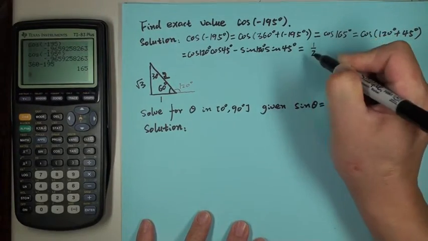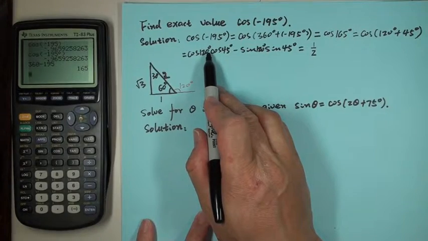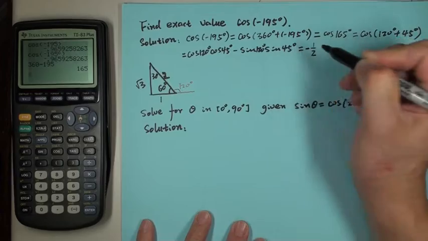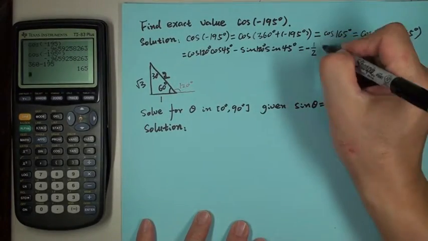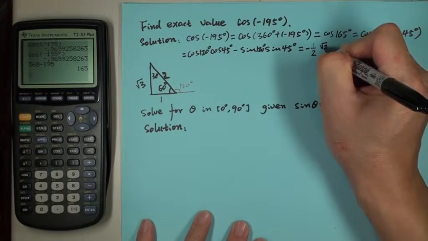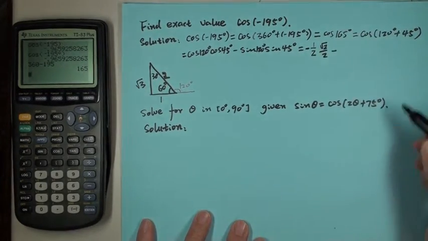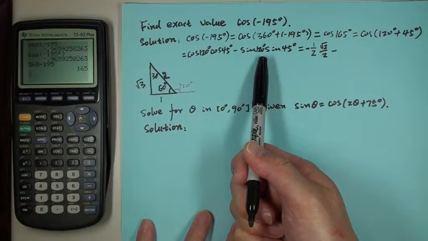But cosine 120 degrees is in the second quadrant, so it has to be negative. Cosine 45 degrees we always remember is radical 2 over 2, minus sine 120 degrees.